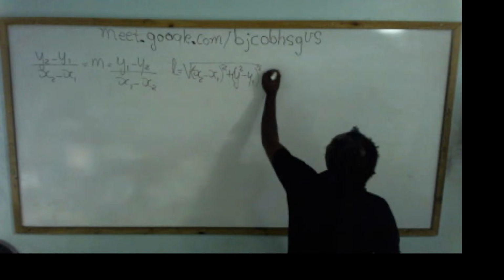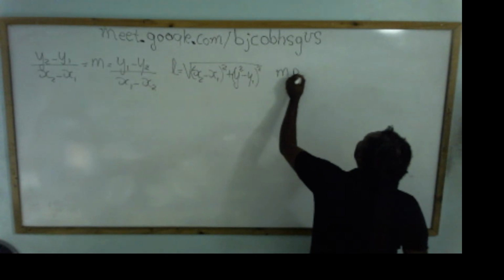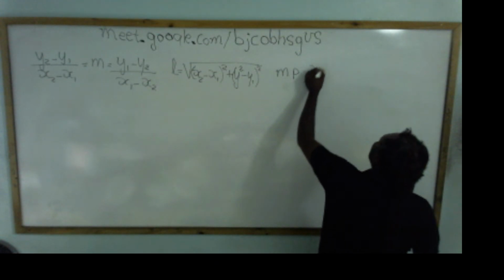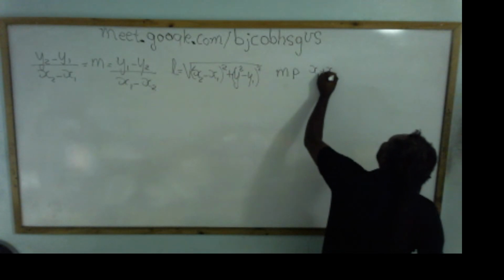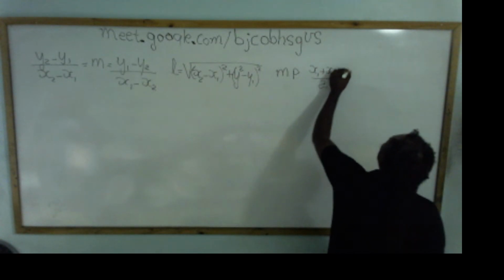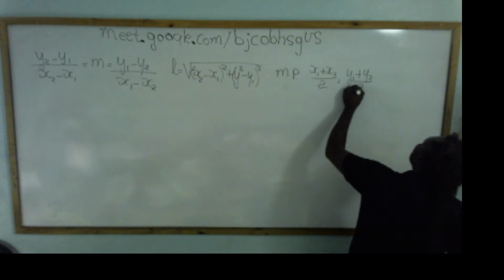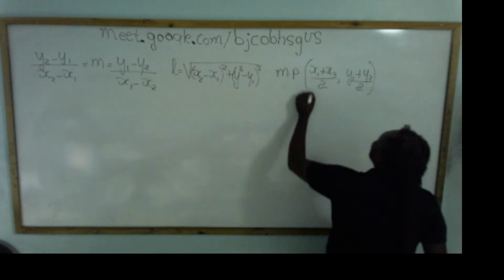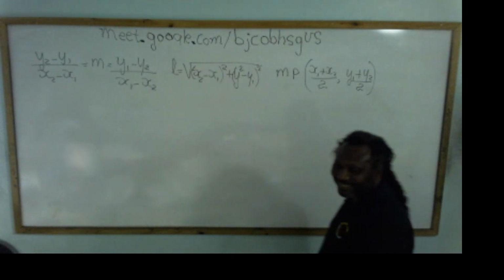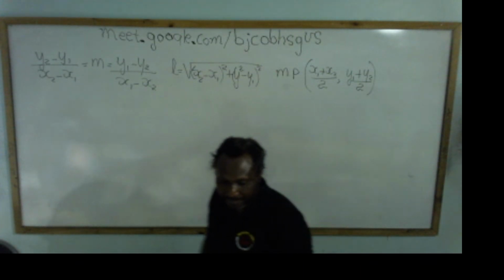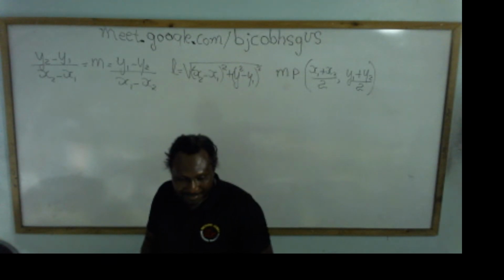The midpoint is ((x1 plus x2) over 2, (y1 plus y2) over 2). Did we do that? Say yes. We did. I'm sure that we did.